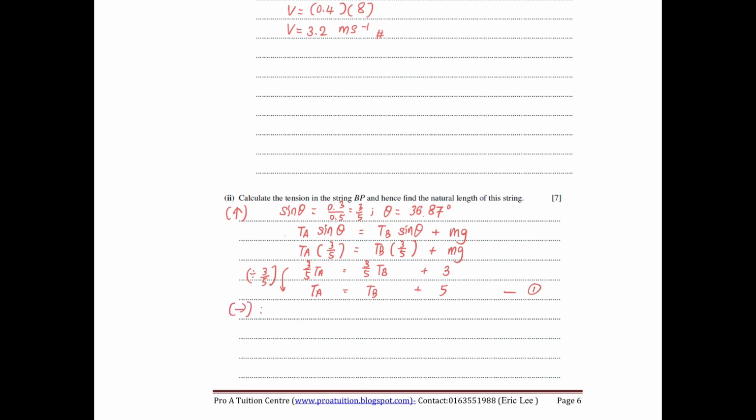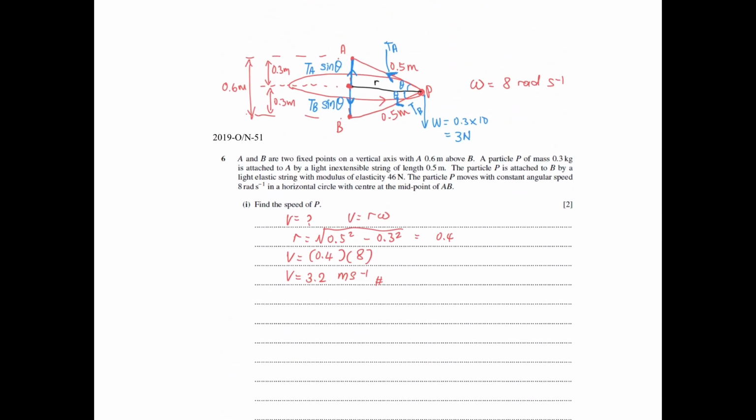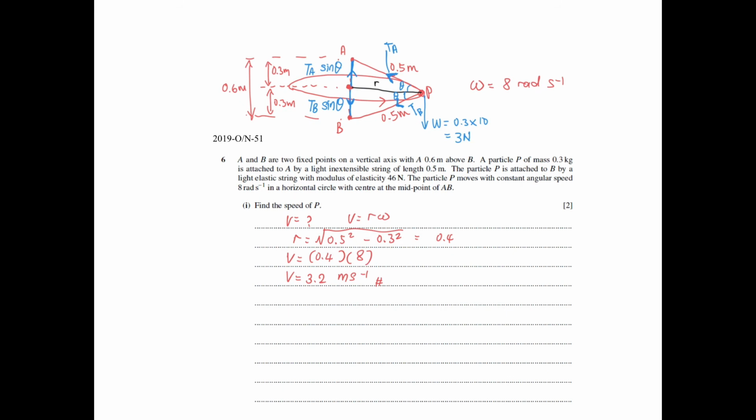For the horizontal, we look at the picture again. We can resolve the TA to get the horizontal. That is not too hard. The horizontal is going to be TA cos theta, acting this way.